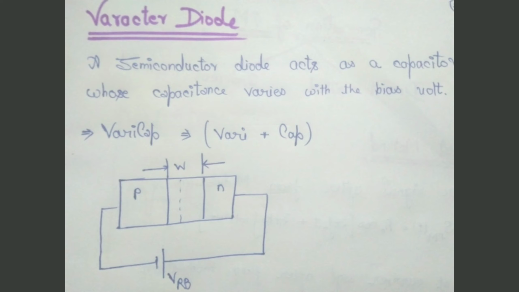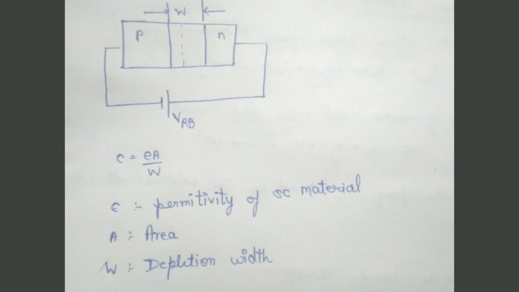A simple PN diode is given in this diagram, which is reverse biased, and we know that the reverse bias voltage varies the depletion width of the PN junction. As the reverse bias voltage increases, the width of the depletion layer increases, and if we decrease the reverse bias voltage, the width of the depletion layer decreases. The capacitance of this diode is given by C = εA/W, where ε is the permittivity of the semiconductor material, A is the area, and W is the depletion width.